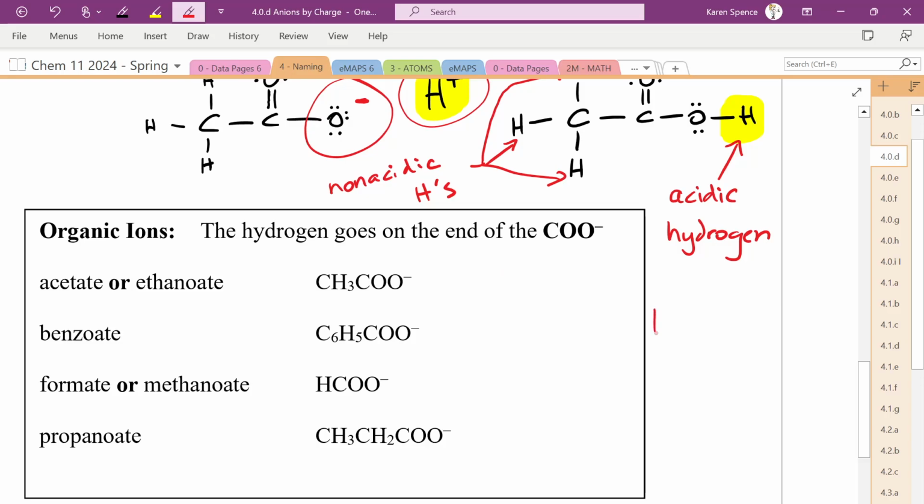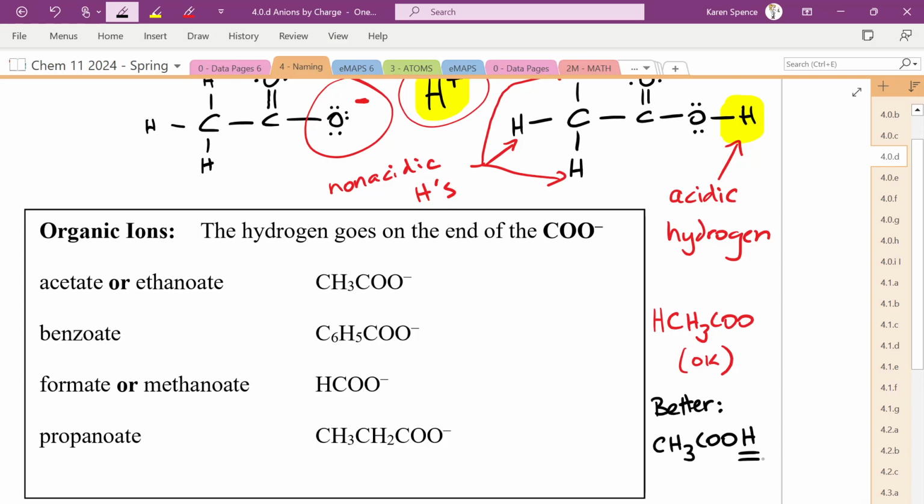although it would be okay to write HCH3COO, that's okay. But it is better if you write CH3COO and then you put the H on the end with the O. Okay, and that's because that's where it sits.